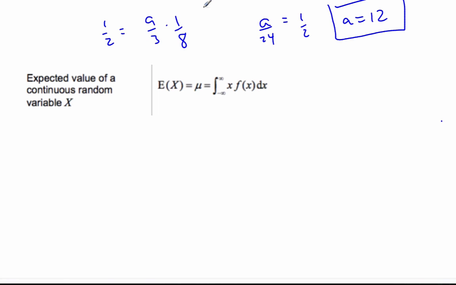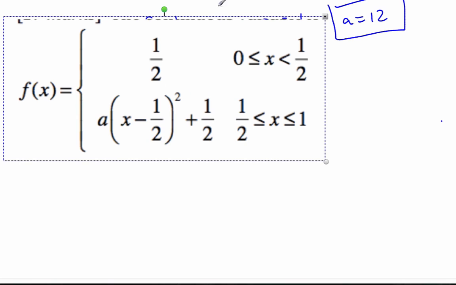Okay, so now moving on to the next part, we were asked to find the expected value, and we know from our formula book that this is the expected value for the continuous random variable, and we must use our formula little f of x for this scenario here.